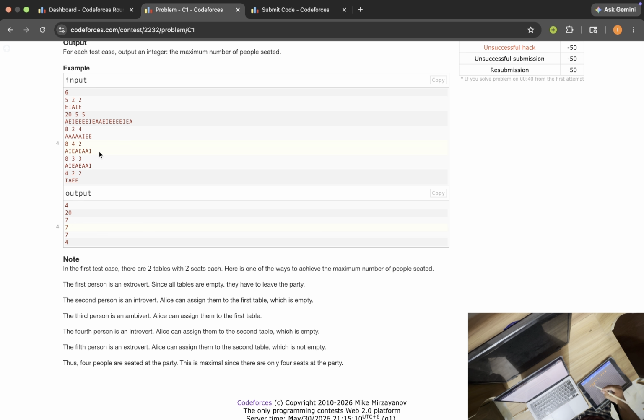If I want to take an introvert, I'll take it as soon as possible. If I want to take an extrovert, I'll take them at the end. So let's say I want to take 2 introverts and 2 extroverts.